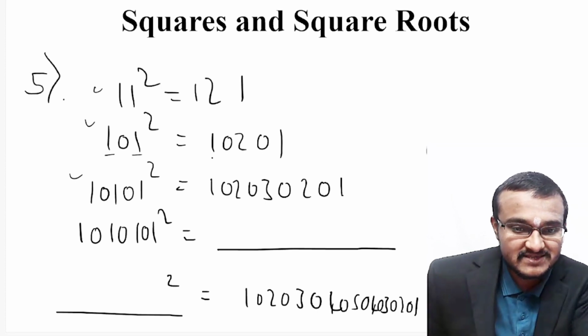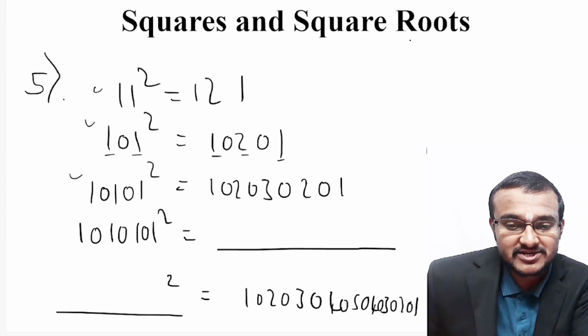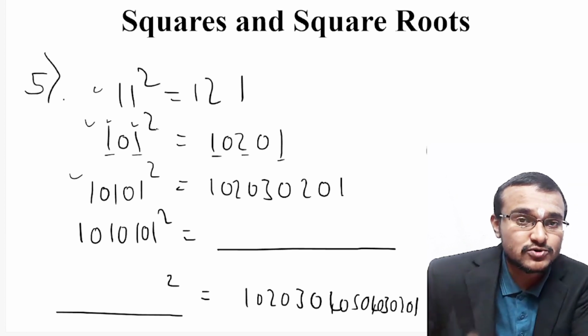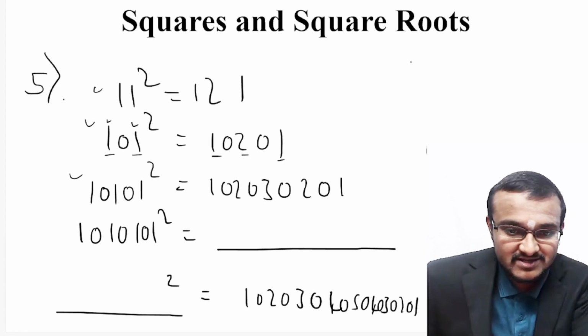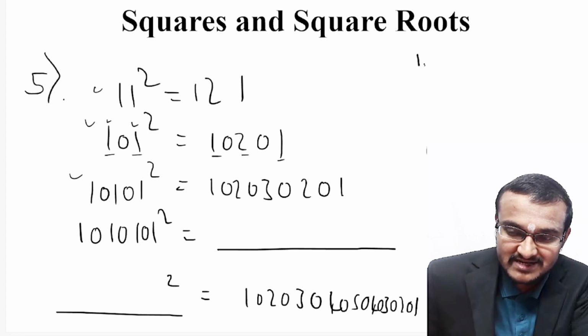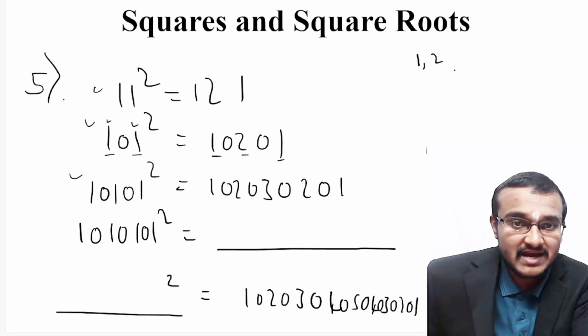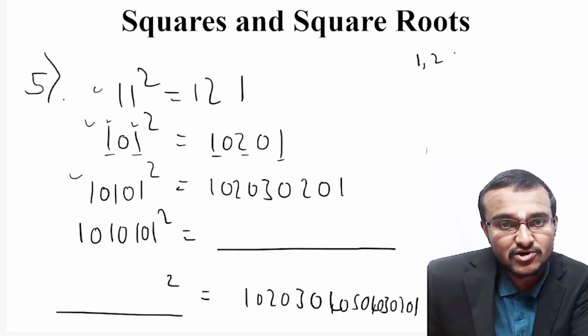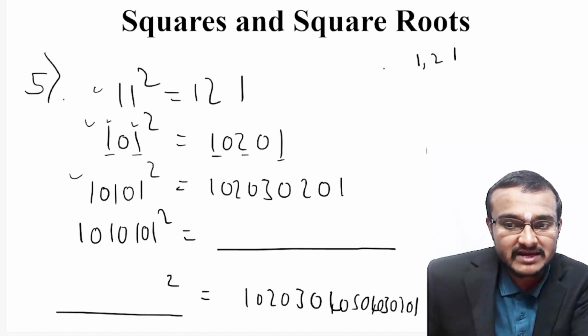So here 1, 2, 1 is taken. Two ones are there, 1, 2. They have taken natural numbers from 1 till 2, stopped at 2, and again taken the descending order of this. So after 2 it will be 1.